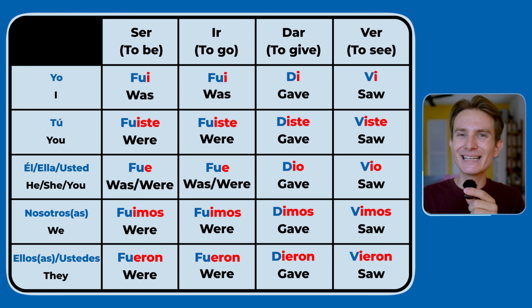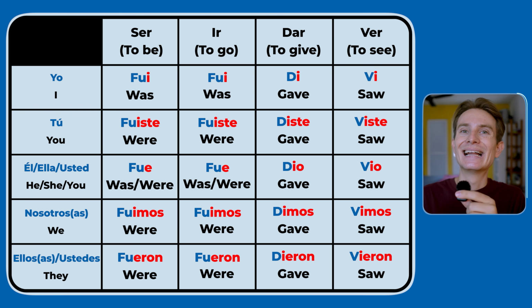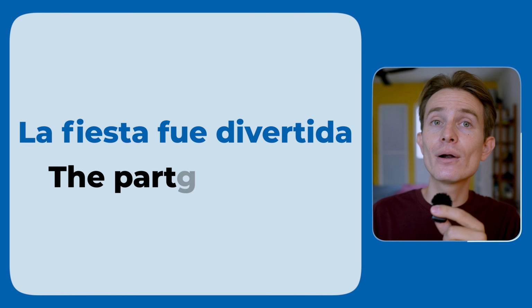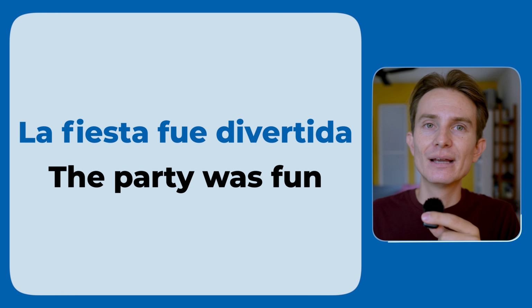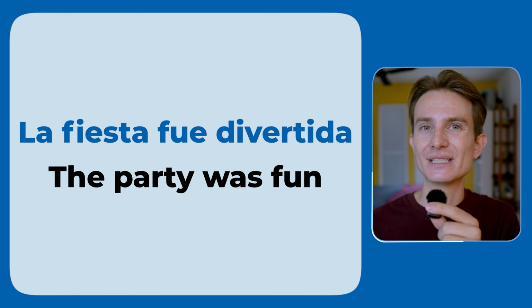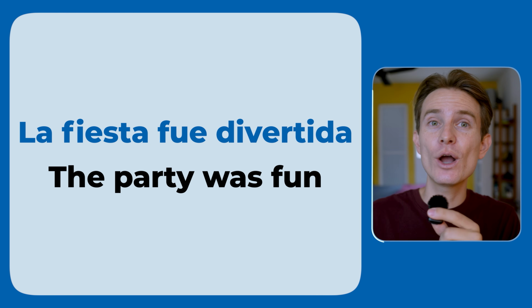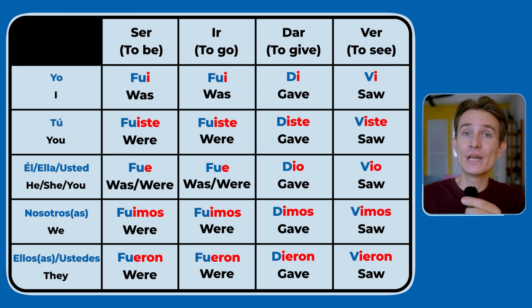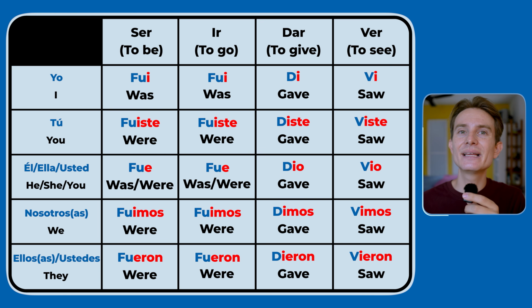The most common example of when we will use ser in the preterite tense is when we are saying that something was something. What I mean is, let's say we were to say, la fiesta fue divertida. The party was fun. However, it's not very common to see something like yo fui when talking about ser. So if you hear something like fui or fuiste, it's likely coming from the verb ir, meaning to go.